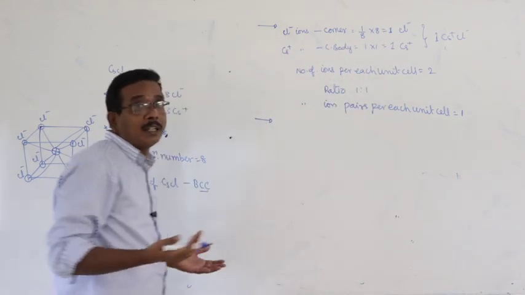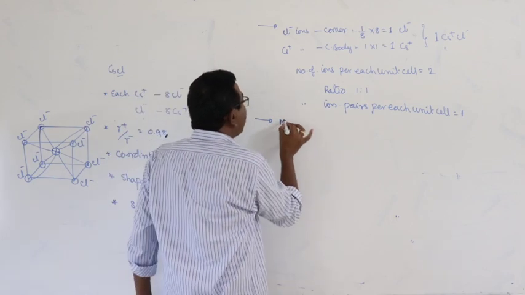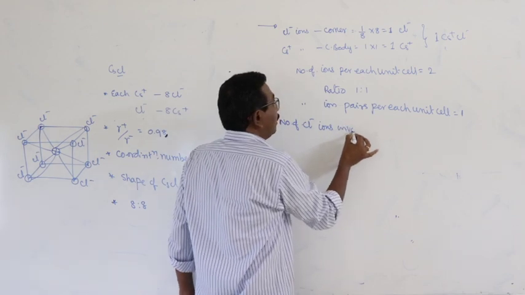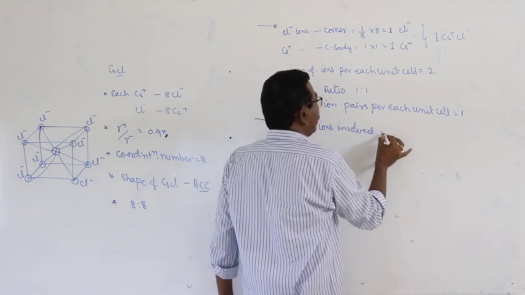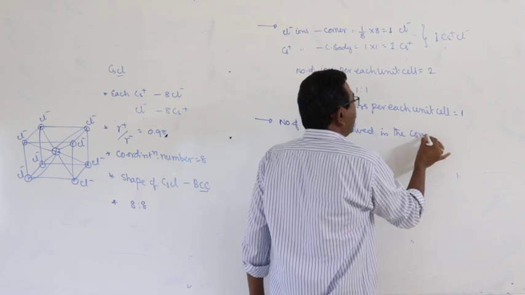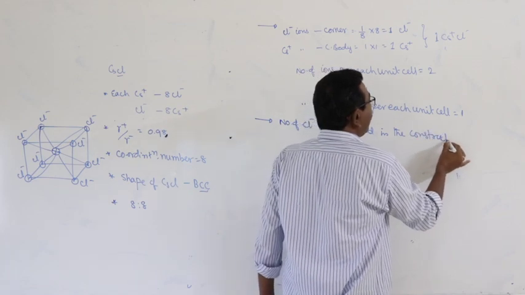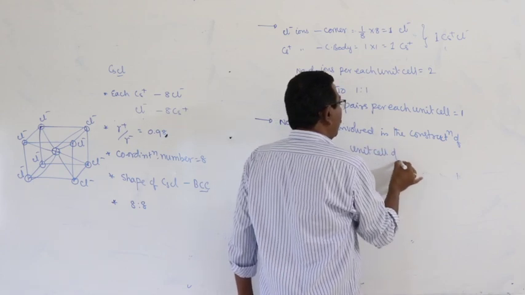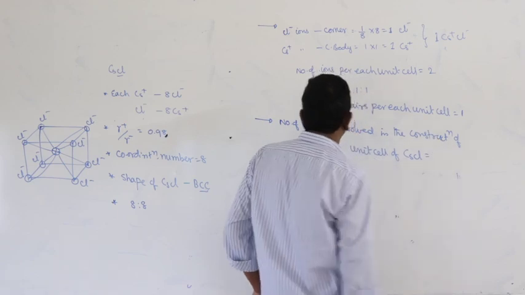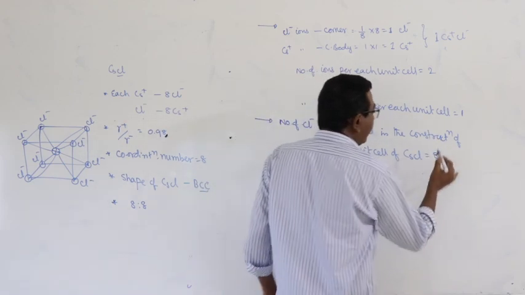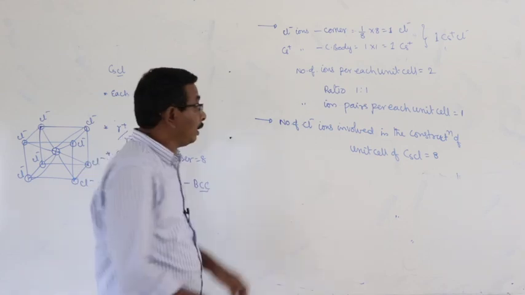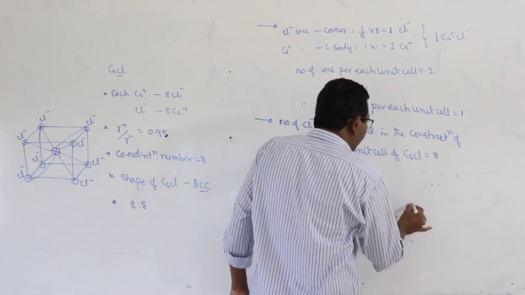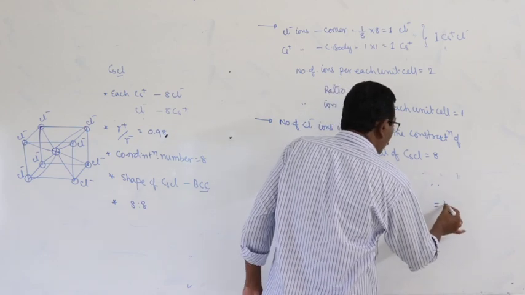Now I am asking about the number of Cl minus ions involved in the construction of unit cell of cesium chloride is equal to Cl minus ions 8. Number of Cs plus ions involved in the construction of unit cell of cesium chloride is equal to only 1.